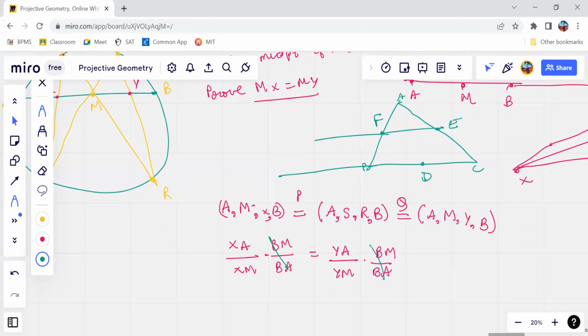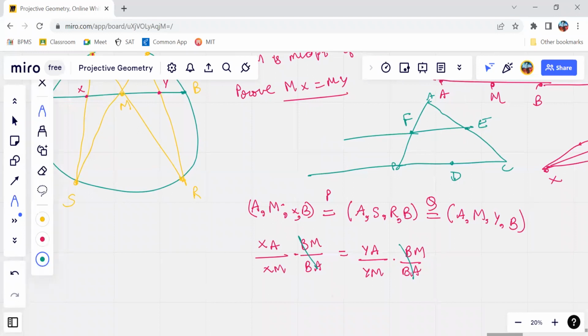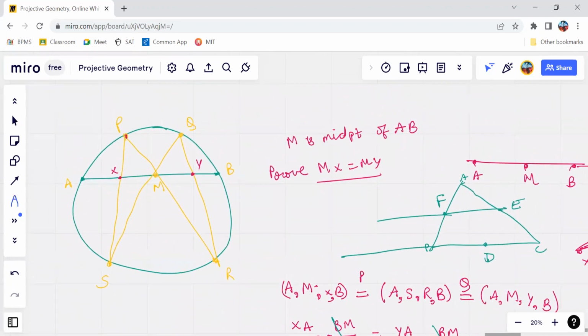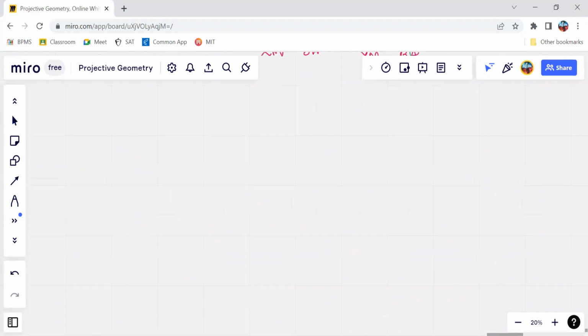So this cancels, and we get that AX by XM is equal to BY by YM. That means that because these lengths are equal and X and Y are dividing them in the same ratio, we do get that MX and MY are equal. Does that make sense? Yes. Okay, nice.